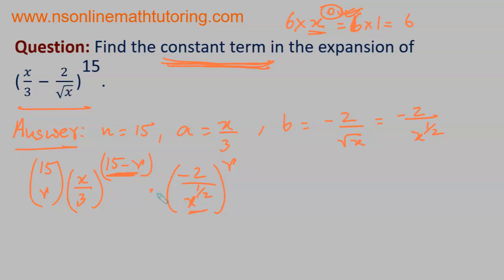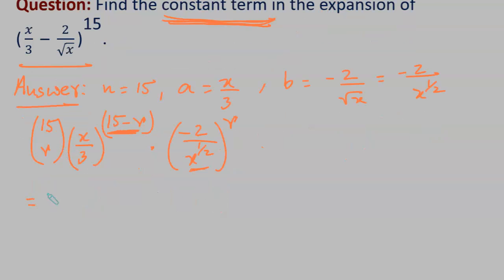Okay. So, this can be written as, we keep 15Cr as it is because we do not know the value of r, and then let me separate x over 3. I am just separating the parts. I am writing 1 over 3 to the power of 15 minus r just to get the expression for the power of x separately.